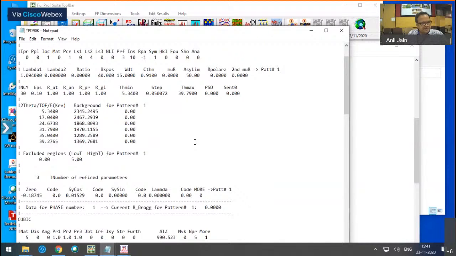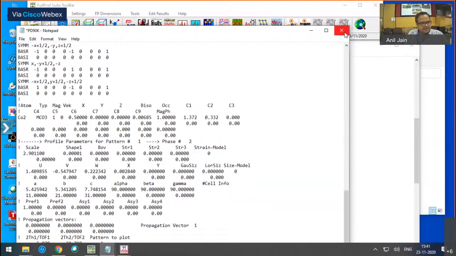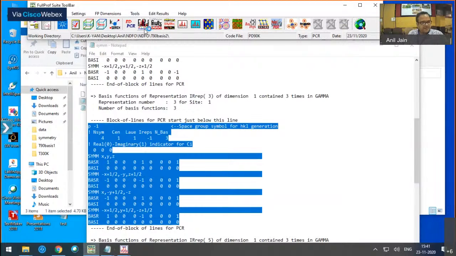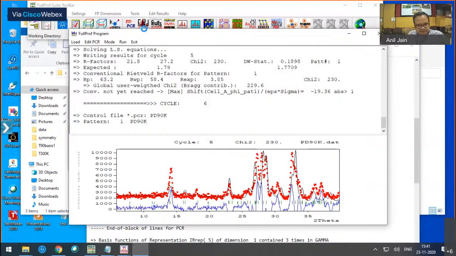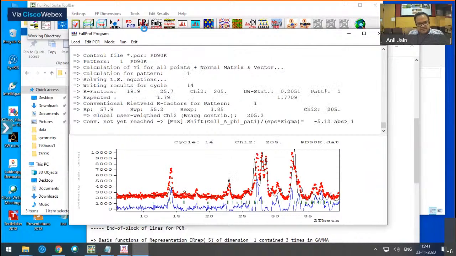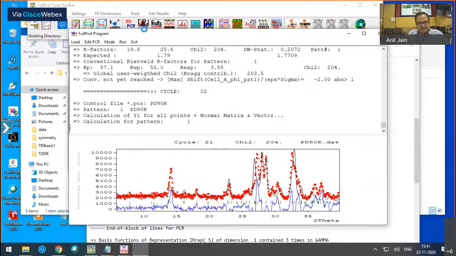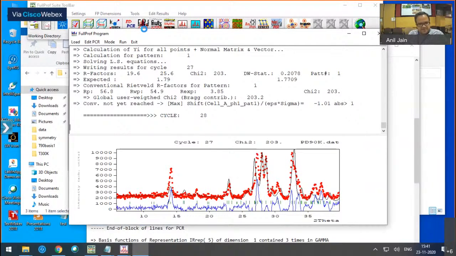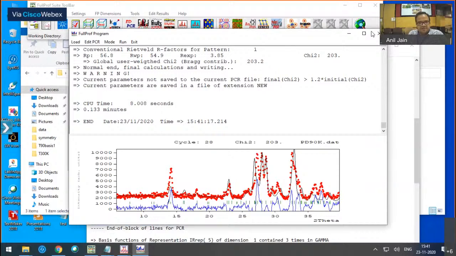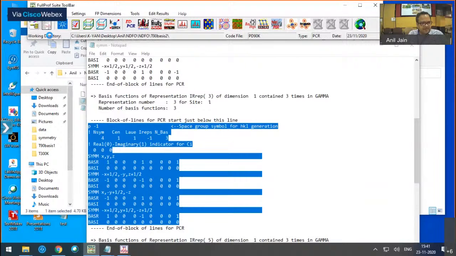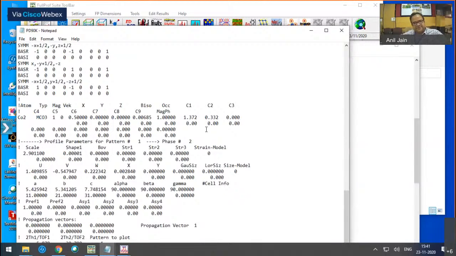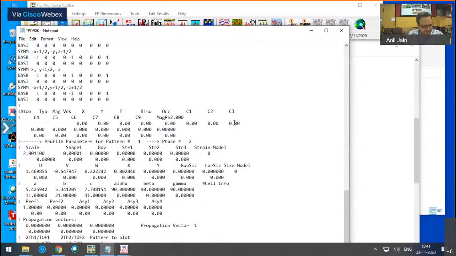Let me see how it looks now. You can play with this a little bit, not much. And then you can play with this coefficient C1 and C2. And if you want, you can introduce this coefficient C3 here.